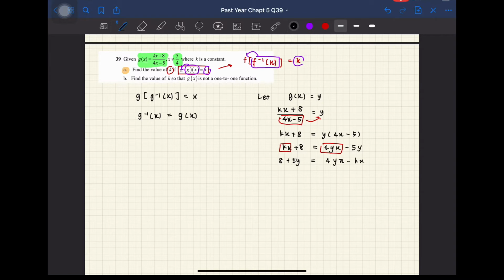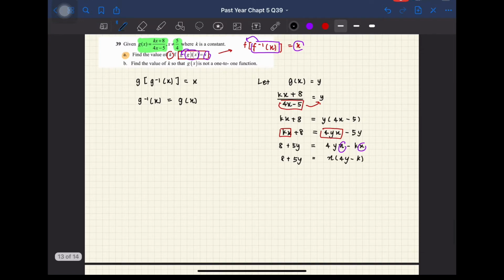Okay, so now let's factorize this x that we have over here. So kita akan dapat 8 plus 5y is equal to x kat luar (4y minus k). Okay, so bring this one to the left hand side. So you are going to have (8 plus 5y) over (4y minus k) is equal to x.